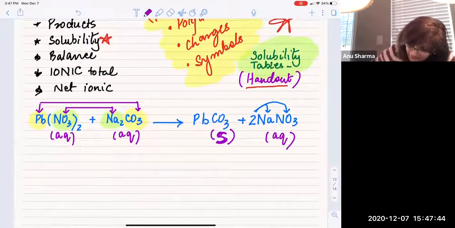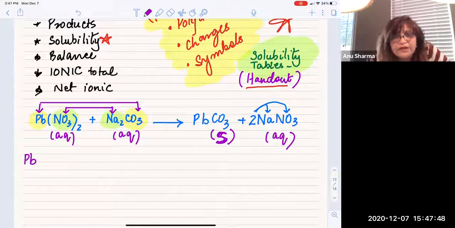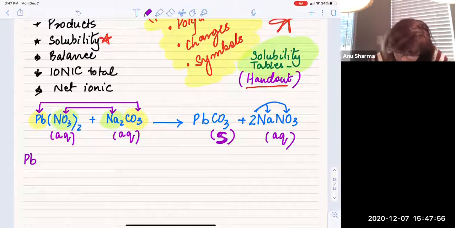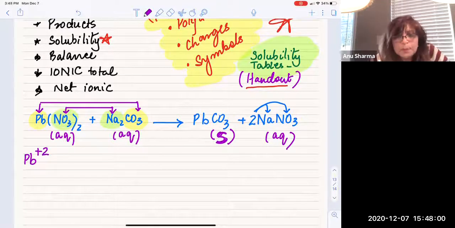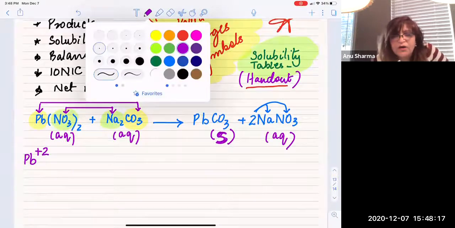So here we have one lead. What should be the charge on lead? Come on, guys, tell me the charge on lead. Positive 2. Why positive 2? Because lead has 2 valence electrons that need to be removed. We can leave the octet rule for now.